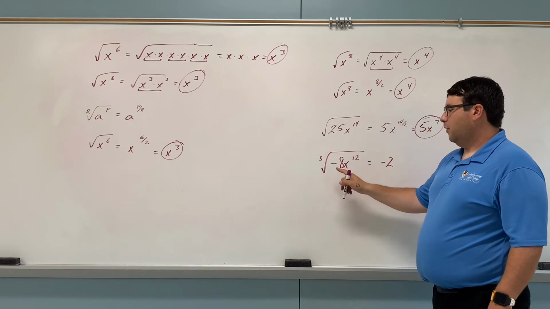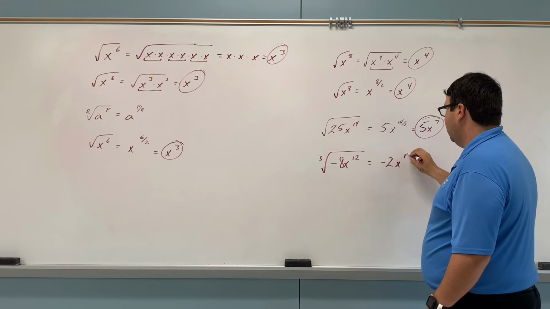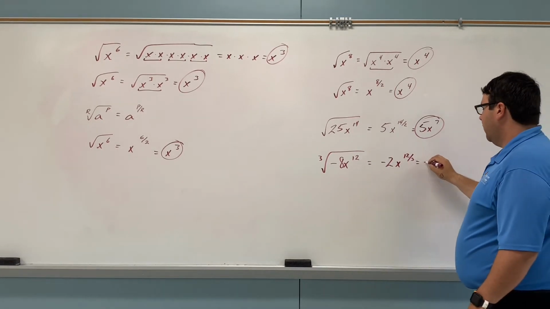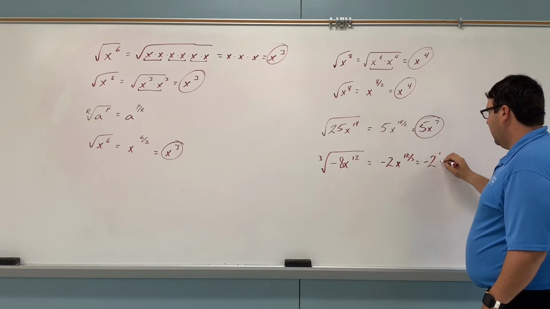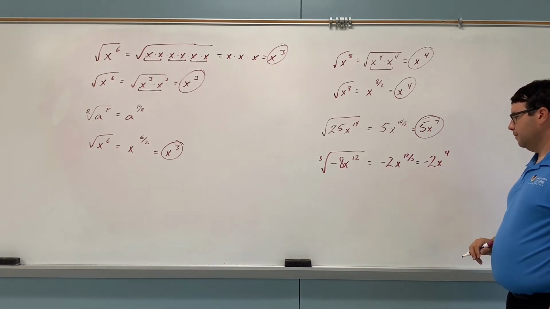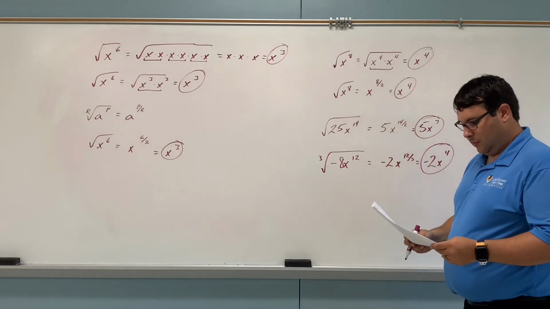X to the 12th, and I'm looking at a root index of 3. Well, that would be 12 divided by 3, wouldn't it? Power over root. So that would be a negative 2x to the 4th. Awesome.